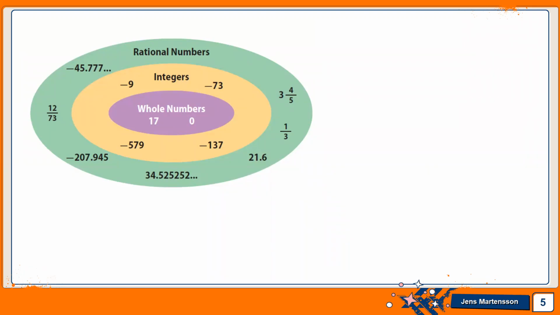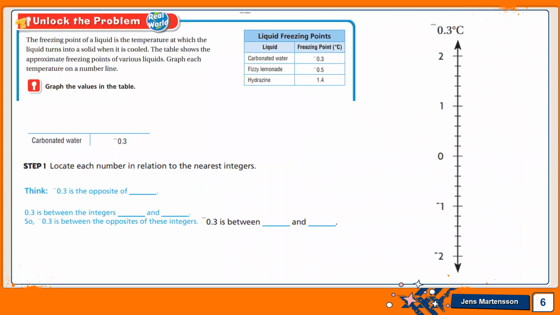I will ask you if a number is rational or not, as we talked about yesterday. Now we talk about how we can graph values on the vertical number line.